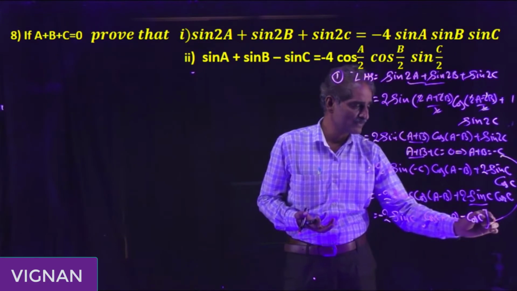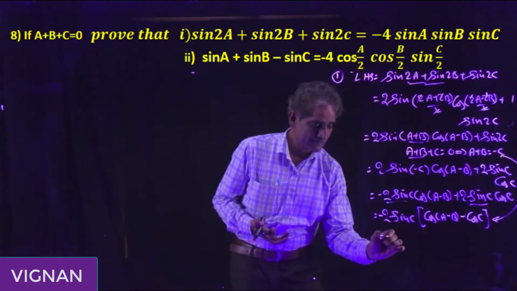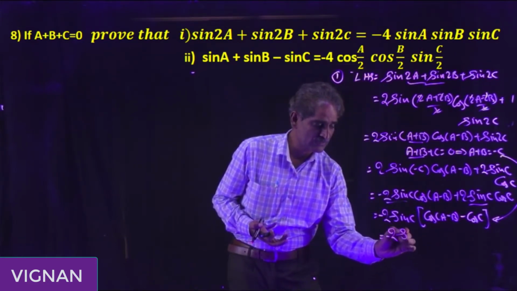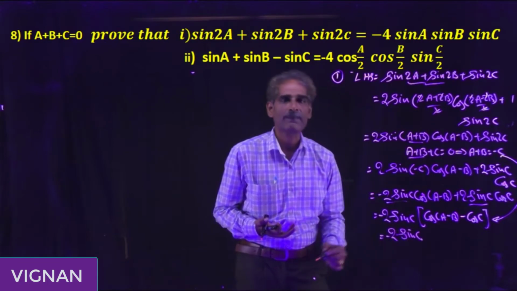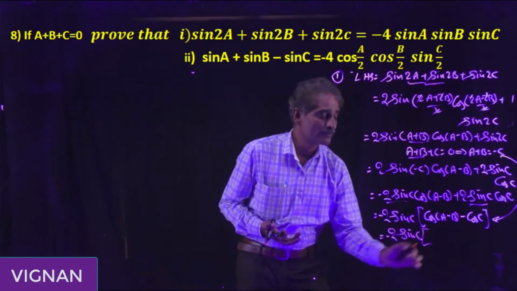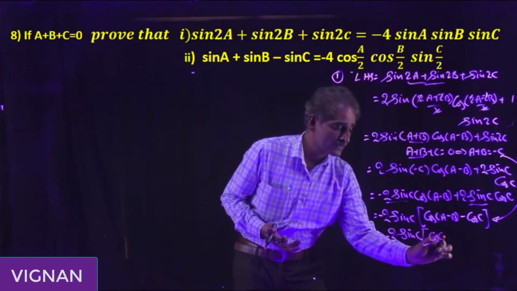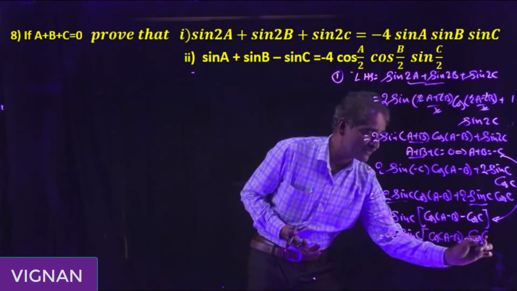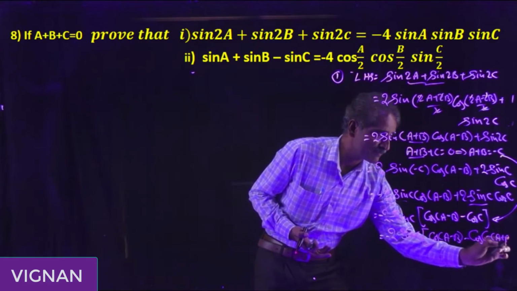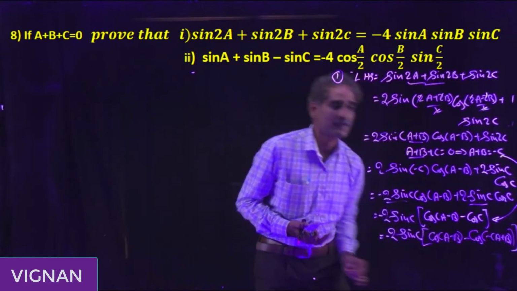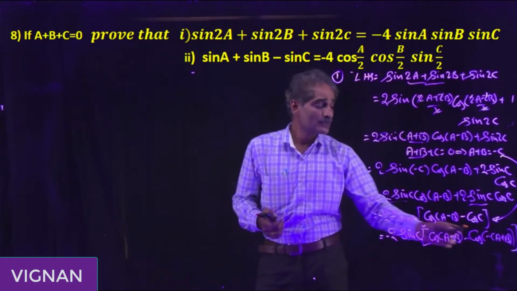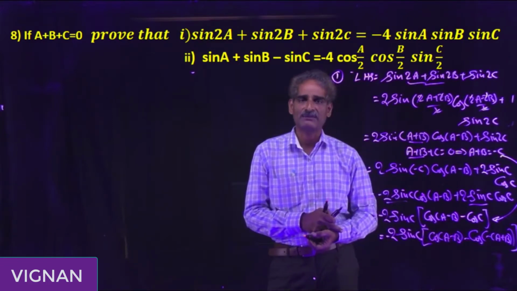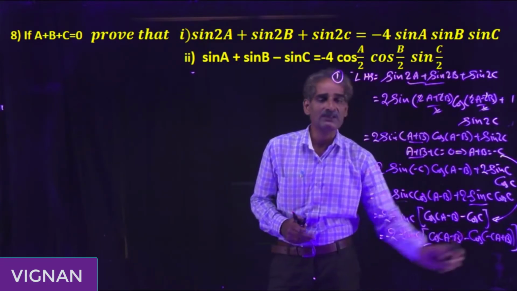With the help of this, replace c: minus 2 sin c into cos of a minus b minus of cos of a plus b. So cos of minus theta is cos theta, so this is nothing but cos of a plus b.